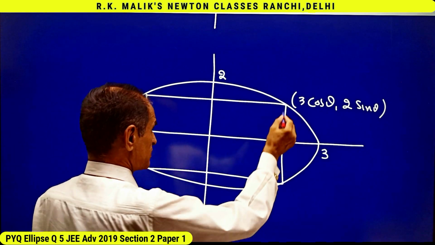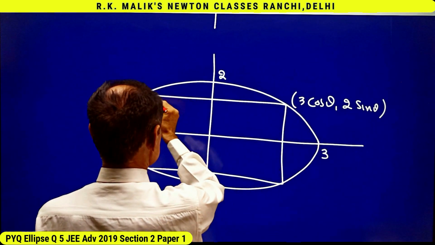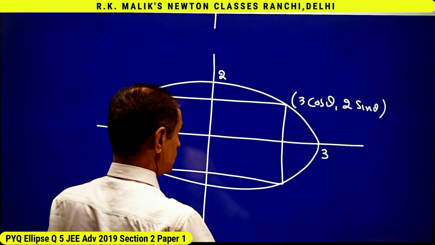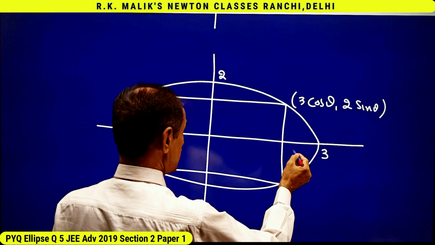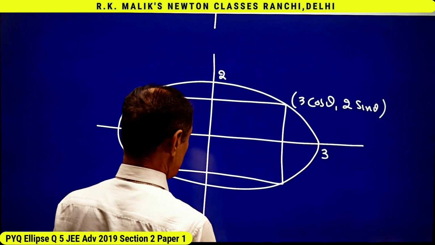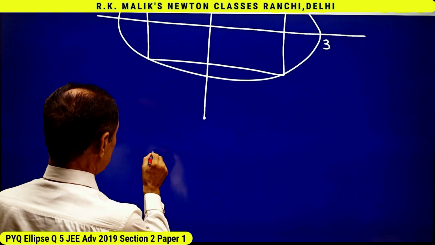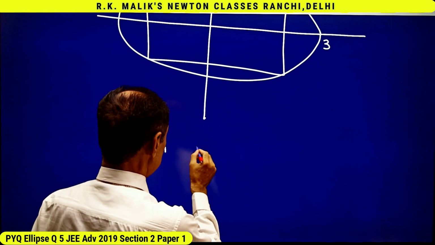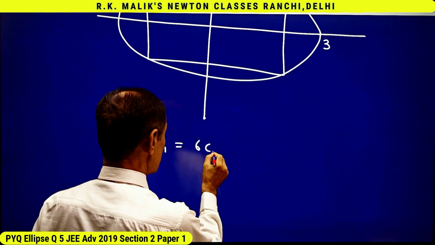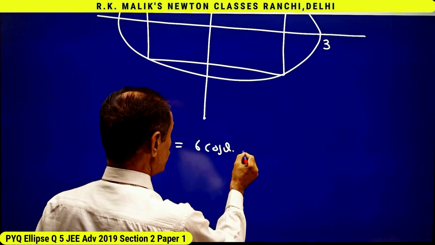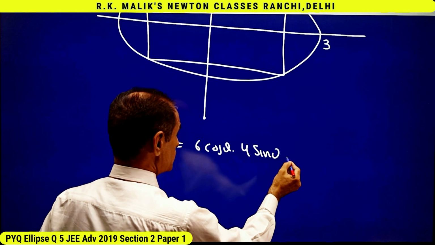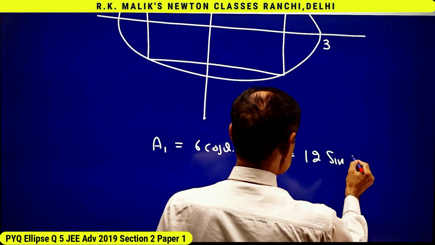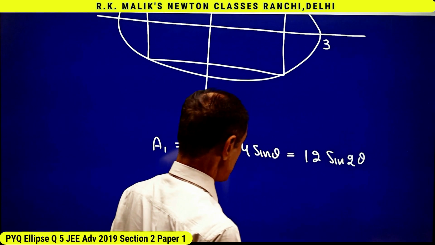As this point has x coordinate 3 cos theta, the total length of the rectangle will become 6 cos theta. Total breadth of this rectangle will become 4 sin theta. Therefore, area A1 of rectangle R1 will become 6 cos theta into 4 sin theta, that is 12 sin 2 theta.